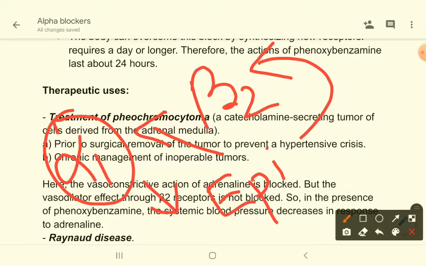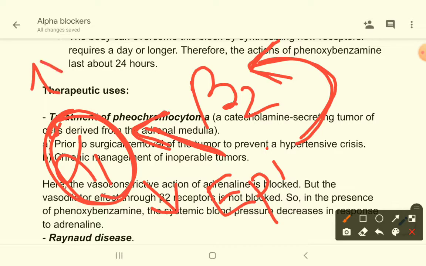So when epinephrine is acting on the alpha 1 receptor, it produces vasoconstriction, and when it acts on the beta 2 receptor, it produces vasodilation. So vasoconstriction is causing increase in blood pressure, and vasodilation is causing decrease in blood pressure, and these two are actually opposing each other.